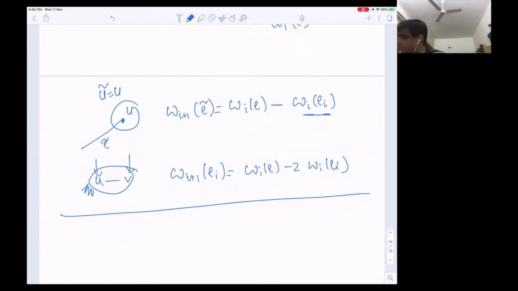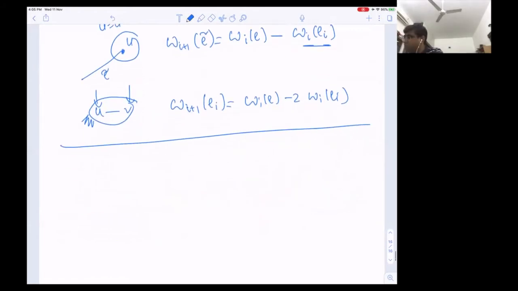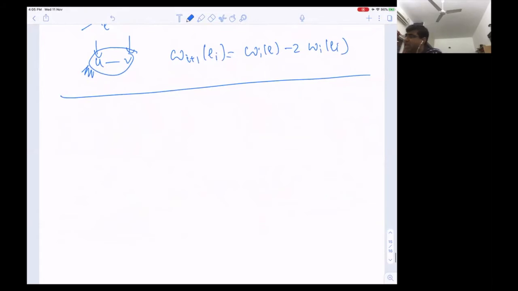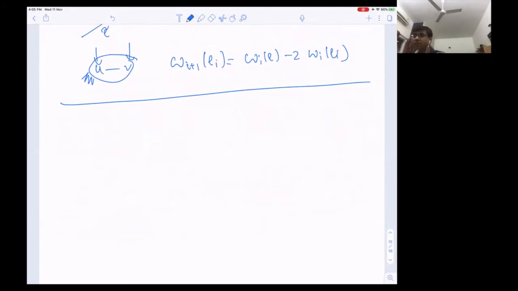Now let's ask ourselves, this is just how the weight functions are. As I told you, we could directly apply local search, but let's see, if we think of this algorithm as some sort of inductive algorithm, what can we do?